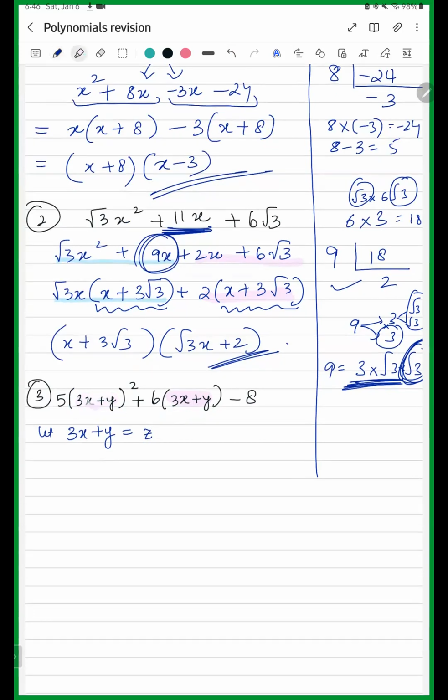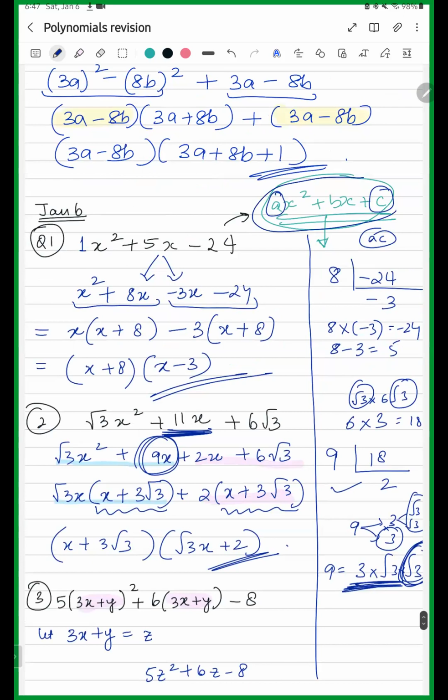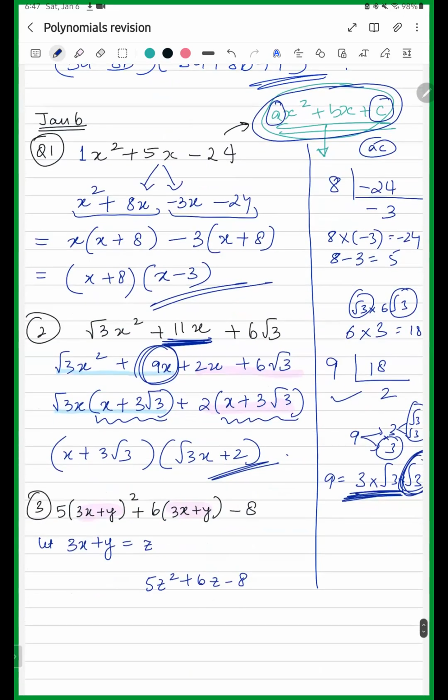Because it's becoming like 5 into something square plus 6 into something minus 8. So it is of this type, 5z square plus 6z minus 8. This is a quadratic polynomial, right?